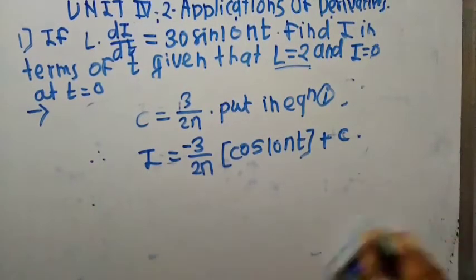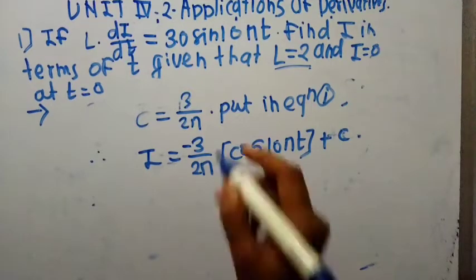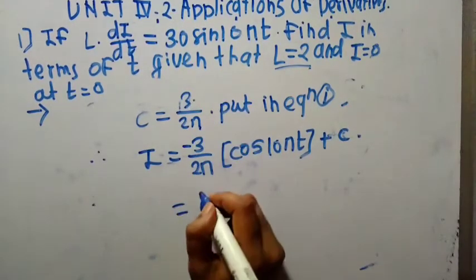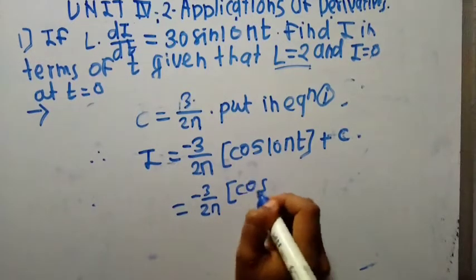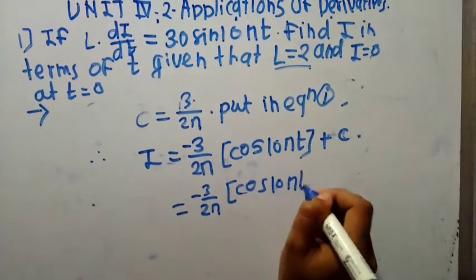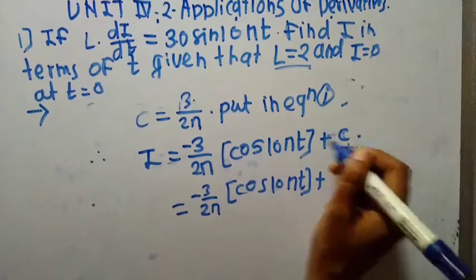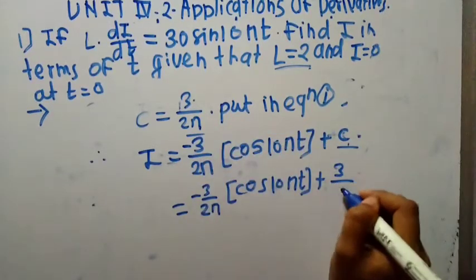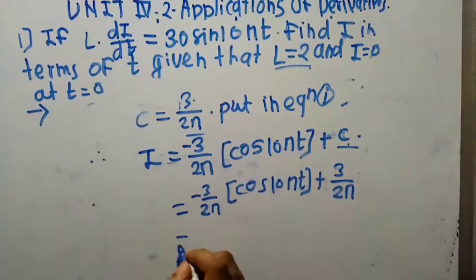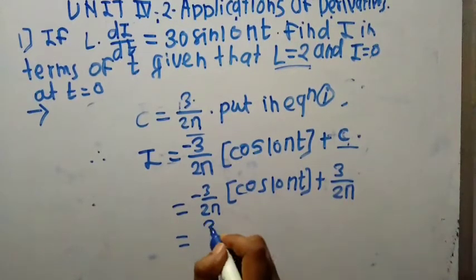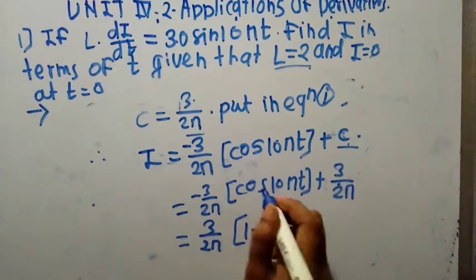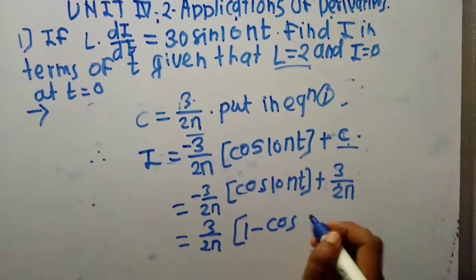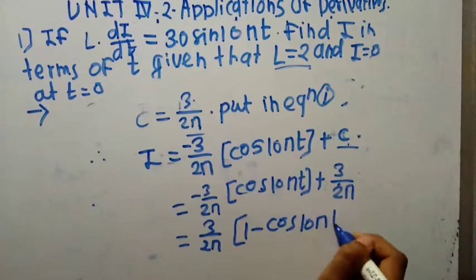Then here common 3 by 2 pi, so 1 minus cos 10 pi t.